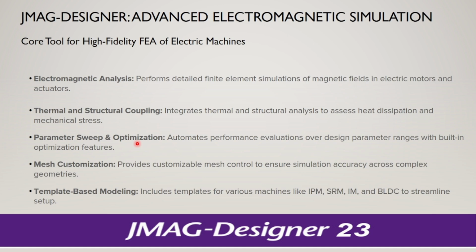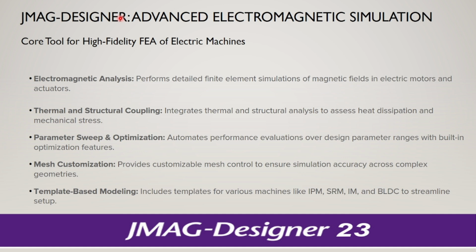These are the entities you can change, and you can finally obtain the maximum efficiency. In the aspect of efficiency you can optimize, and in the aspect of cogging torque reduction you can optimize. So different parameter optimizations are possible in Jmag Designer.